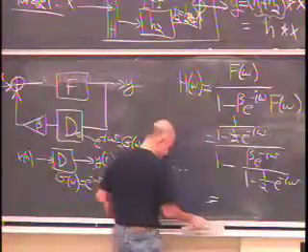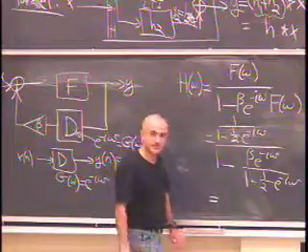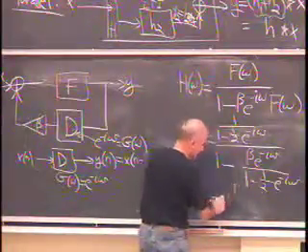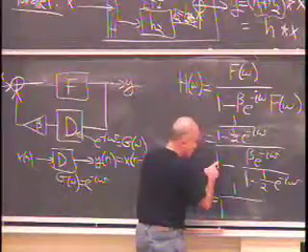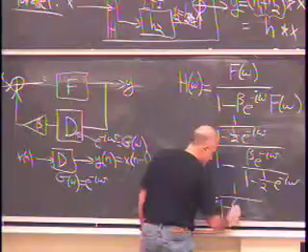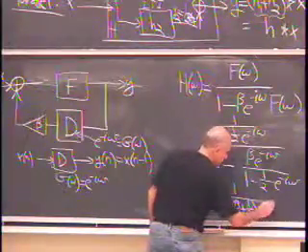Hurry up. We got people waiting outside. The denominators go away. I'm left with 1 over 1 minus 1/2 minus beta, 1 minus beta plus 1/2 e to the minus i omega.